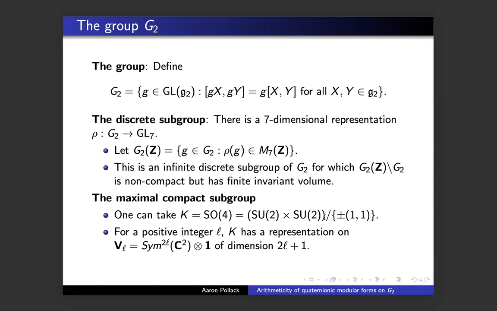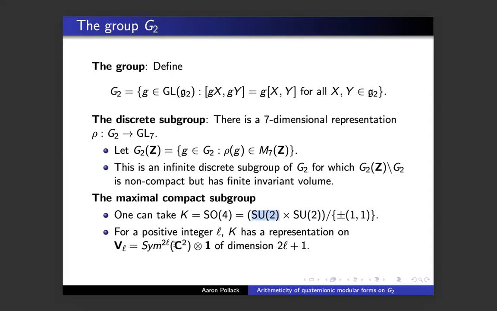Okay, and so what are some complex finite dimensional representations of this maximal compact subgroup? Well, one particular set of representations, which will be relevant for what I want to discuss, is the following. I let the second SU2 factor act trivially, and I let the first SU2 factor act on its irreducible 2L plus 1 dimensional representation.